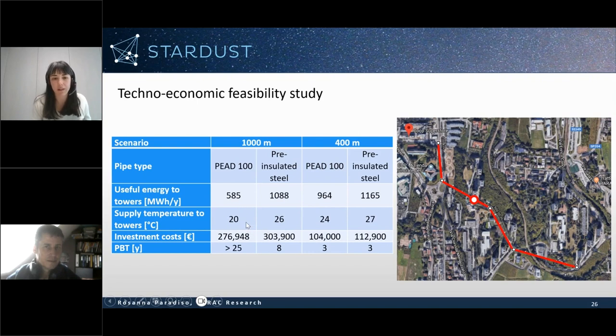The heat losses are higher because of the distance and because of the material, of course. Instead, in the other case, as long as the distance is reduced, with the closest tower, the thermal losses are lower, and the water could be delivered at even higher temperatures, 24 Celsius degrees and 27 Celsius degrees. I don't know if I replied to the question.